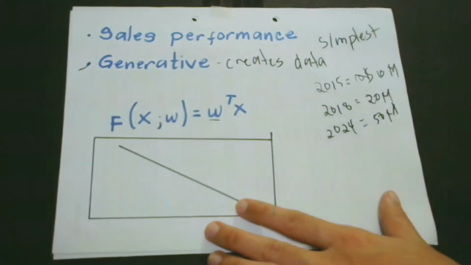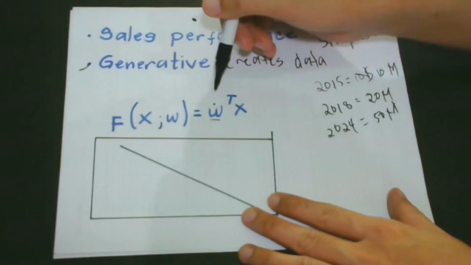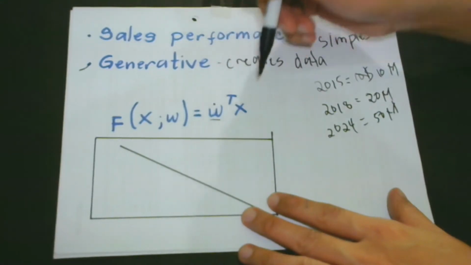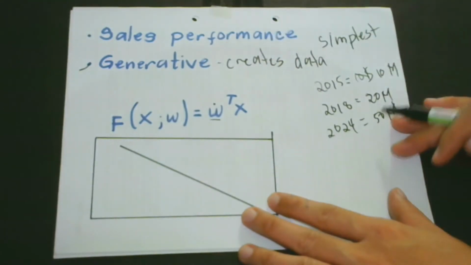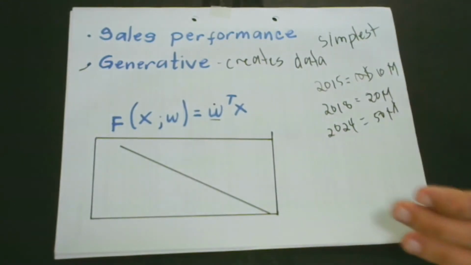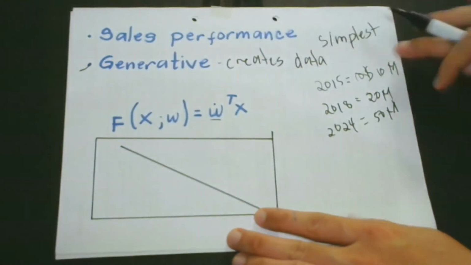Just for example, if we plug in any values for w, we can exactly generate the value of the sales performance for any certain year. So if we are to follow the performance, it would be like this. Okay, but of course something is wrong with this one.